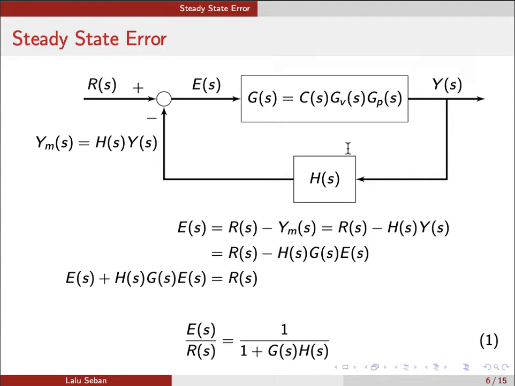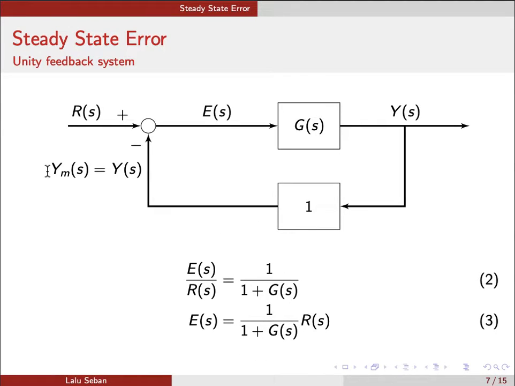So as I have mentioned in the objective, today's discussion is emphasizing on unity feedback system, because in many cases we can have a very good approximation that our feedback system is having unity dynamics. Whatever is a process output, it is clearly represented by the feedback system, that is Ym(s) will be equal to Y(s). That is a very good approximation.